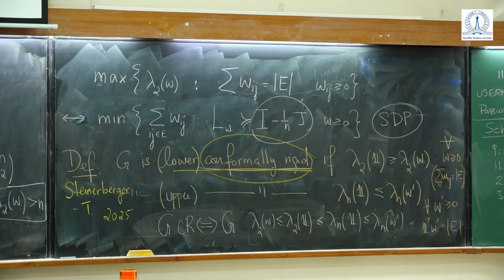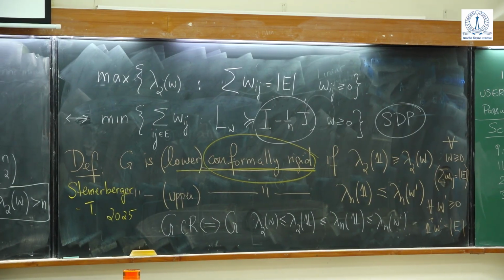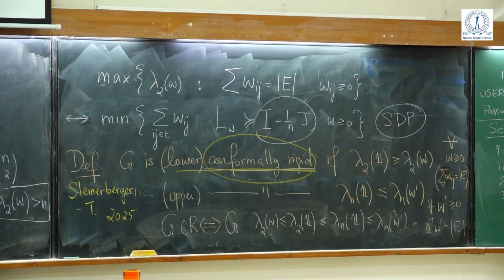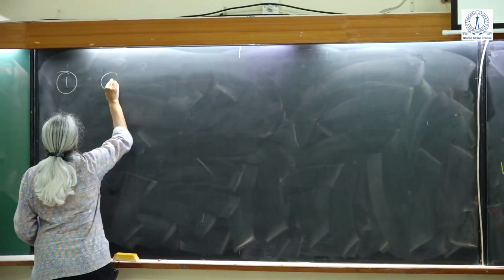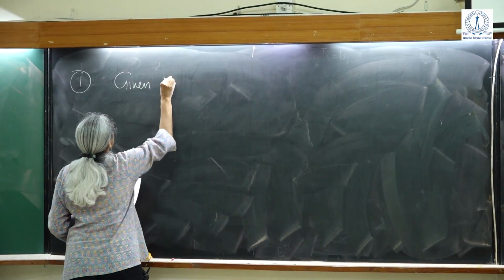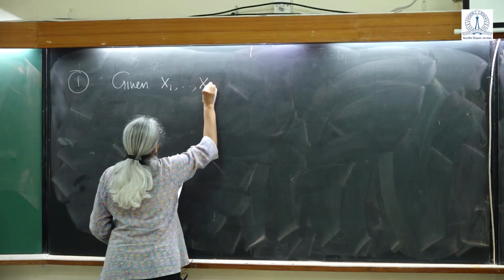Okay, let's do a quick high school question. I want to look at the following situation. Suppose you have some numbers x1 through xn in the reals.